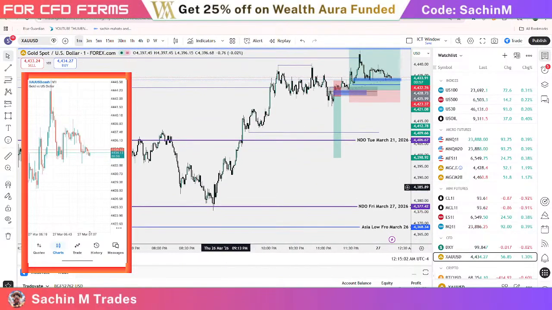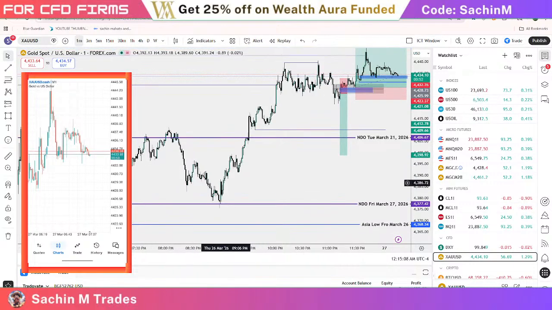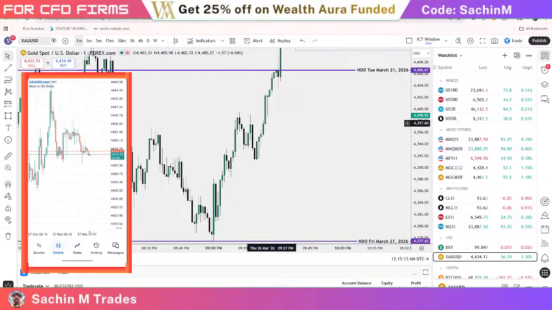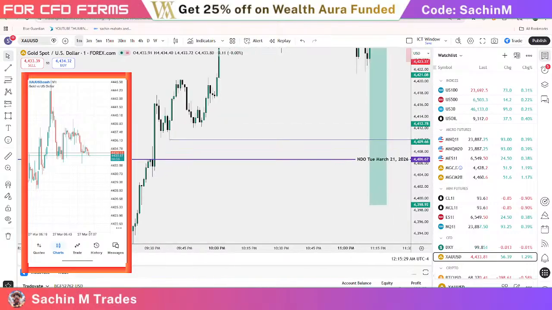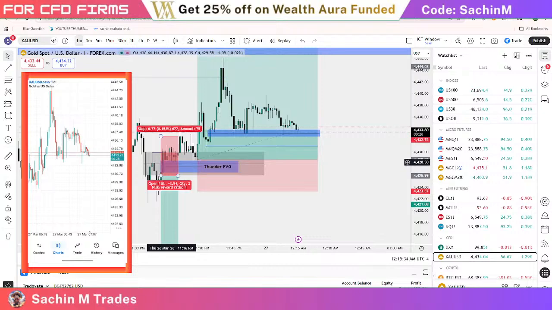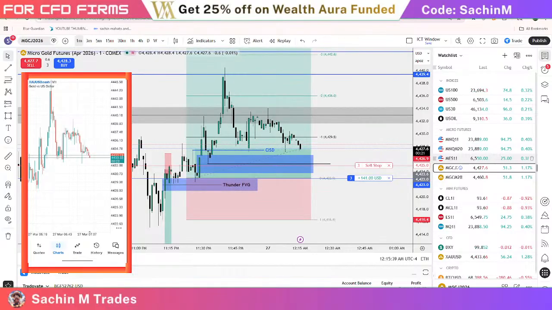We actually did get a fair value gap that is there, but this is not a fair value gap at all. So we did not have any fair value gap till here, and I think the market will fall down just from here.